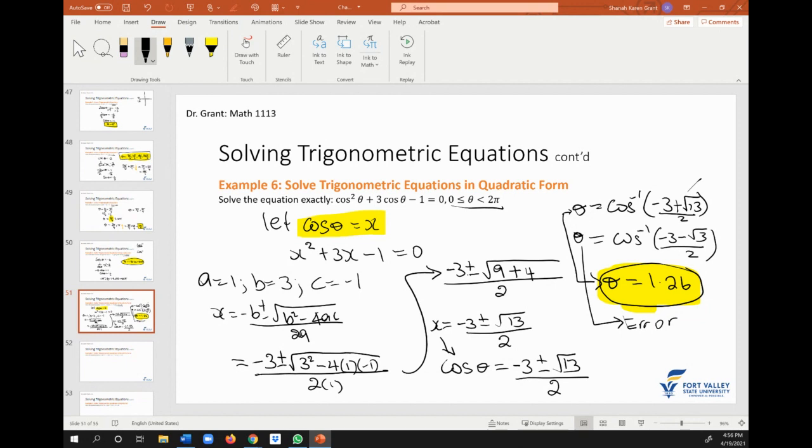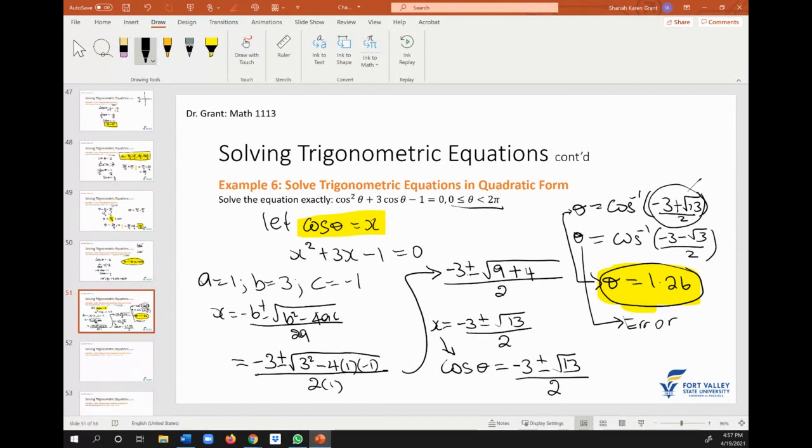So it's going to be between 3 and 4. So this number at the top is going to be positive. So this whole thing inside here is going to be a positive value. So that means cosine is positive in quadrant 1 and 4.